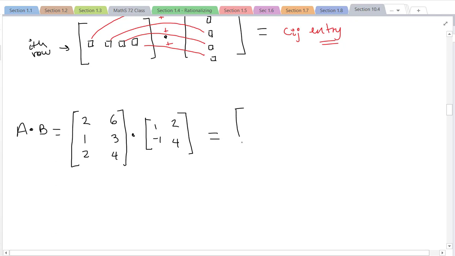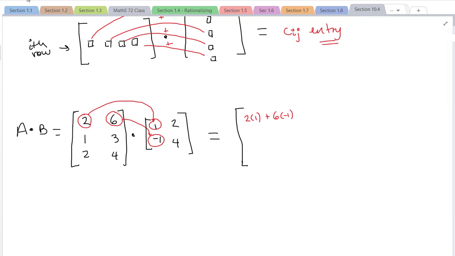I'm going to do the 1, 1 entry times this one. So I'm going to have 2 times 1 plus, and then the second column, first row, times the first column, second row, plus 6 times negative 1. And that gives me just that entry.